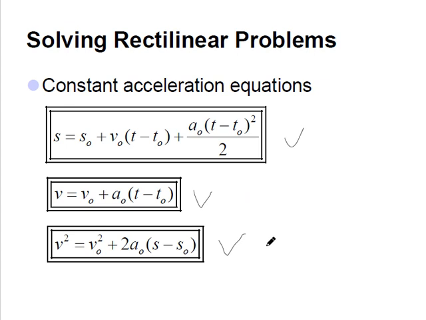And of course, I'm not going to ask you calculation in this course. So now here, when you look at it, constant acceleration is a very, very common situation in physics and engineering. So in textbooks, we always have constant acceleration problems, and you would use one of these equations.